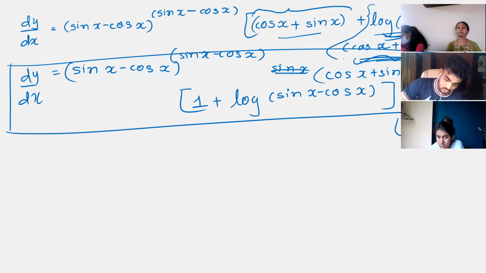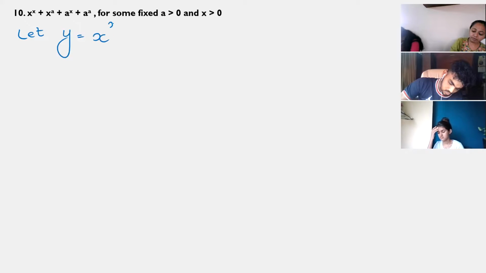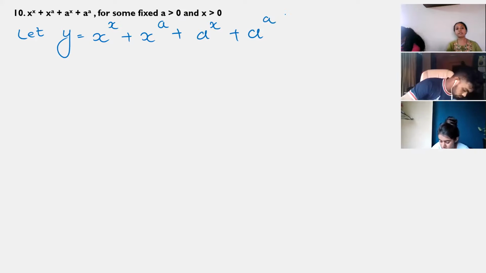Next question. Next is actually not so difficult. We are going to take the log only, whatever is given. It is asked that we have to do differentiation of x to the power x plus x to the power a plus a to the power x plus a to the power a, for some fixed a which is greater than 0.